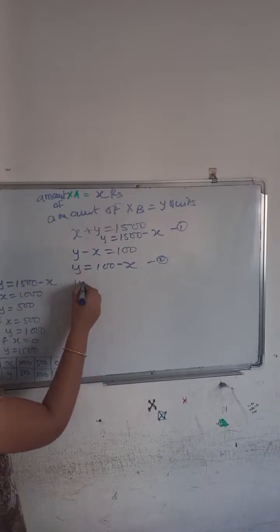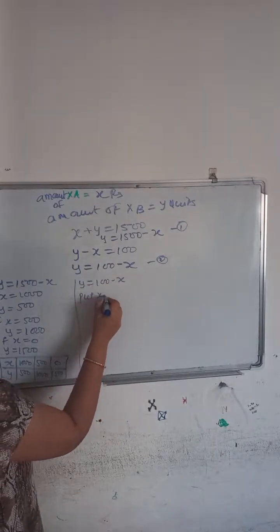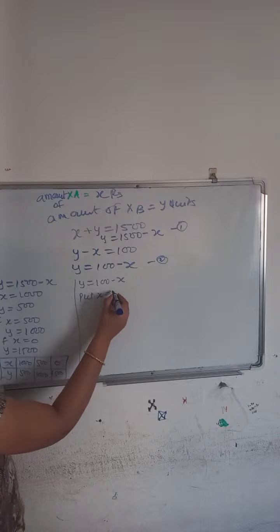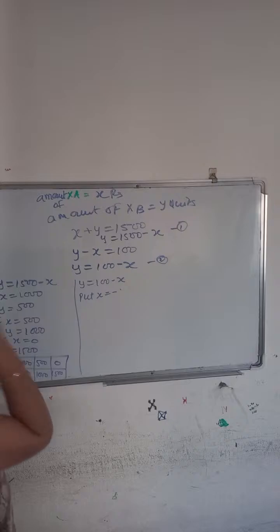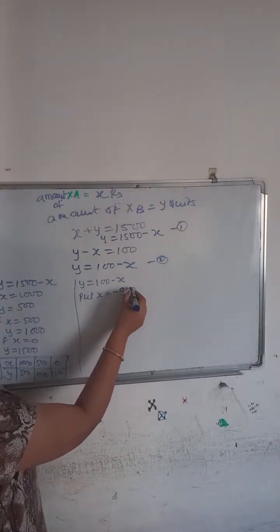Now go for this equation, y is equal to 100 minus x. So put x is equal to how much now? Can you take x is equal to here? If I take 500 also, I will keep here minus 900.